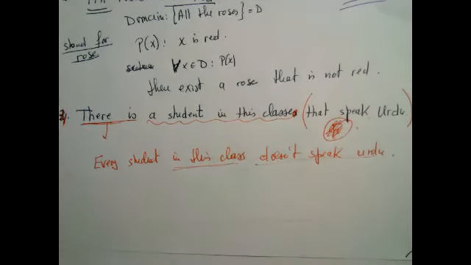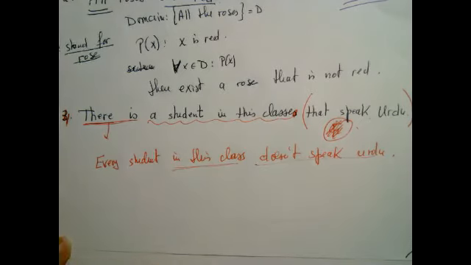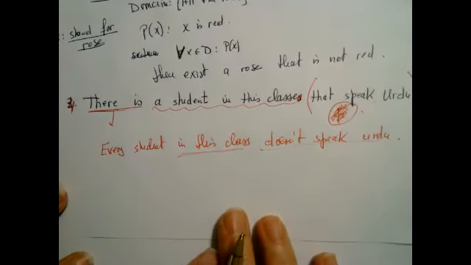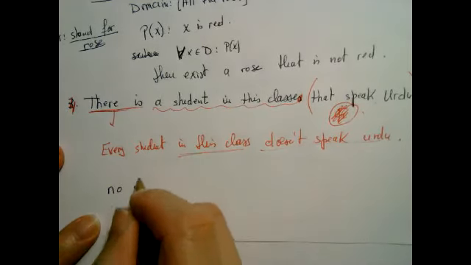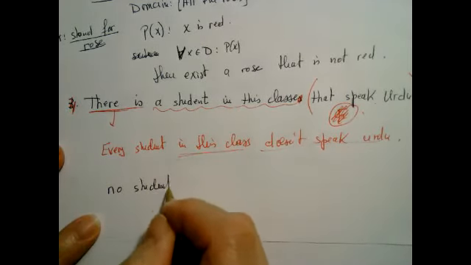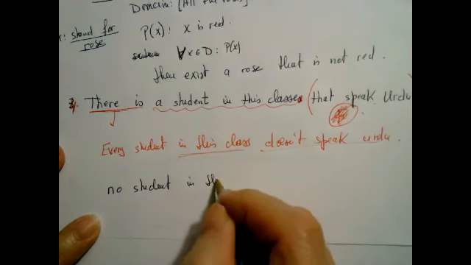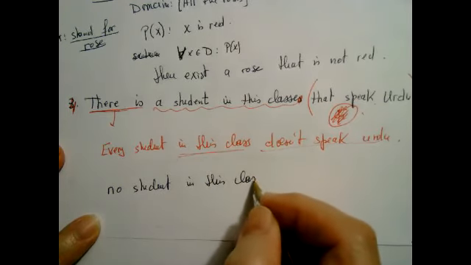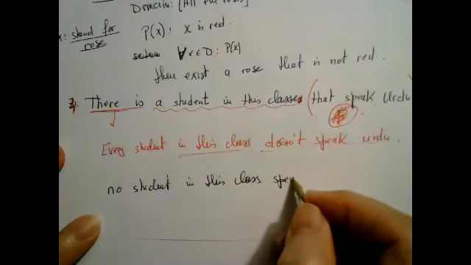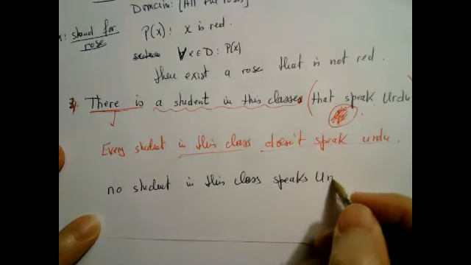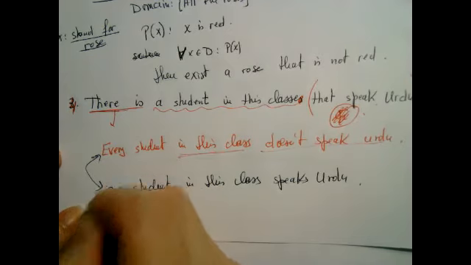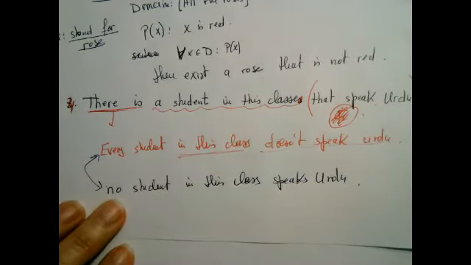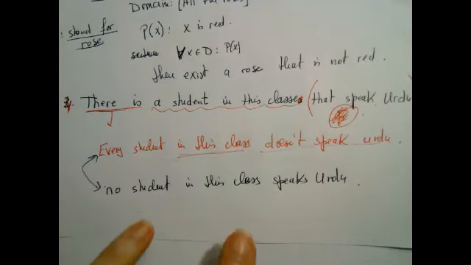Now, sometimes students would write the same thing in a different way, and let's see if they are right and make sense of it. So suppose I write, no student in this class speaks Urdu. Does this mean the same thing? I would like to make sense out of that.